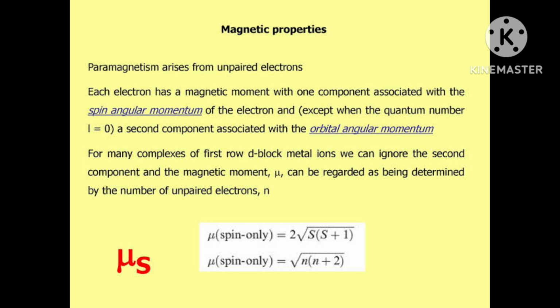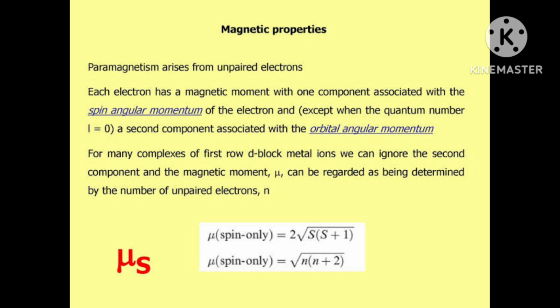This is an important thing, sir. Here you will find the number of unpaired electrons is 4.